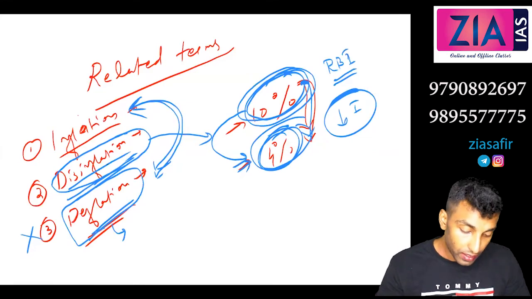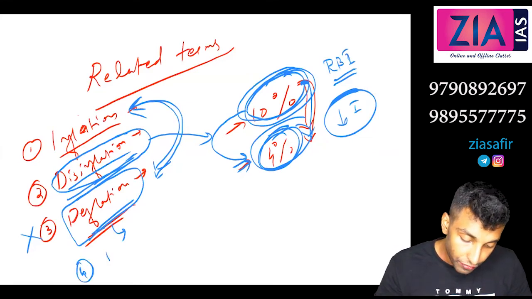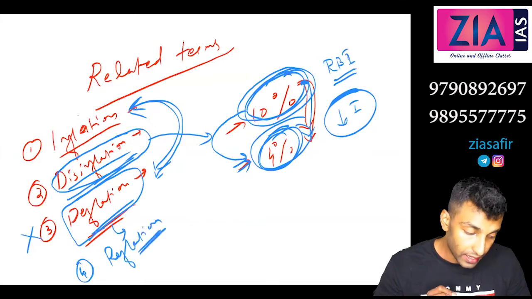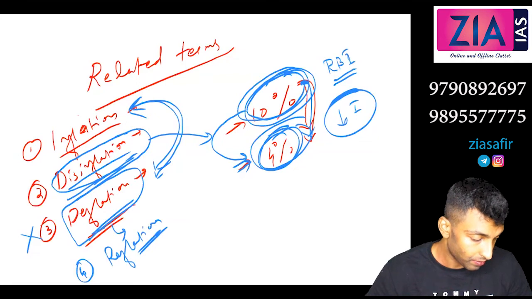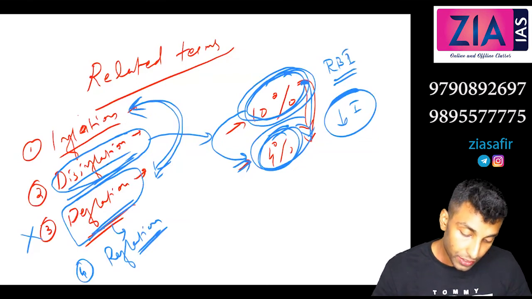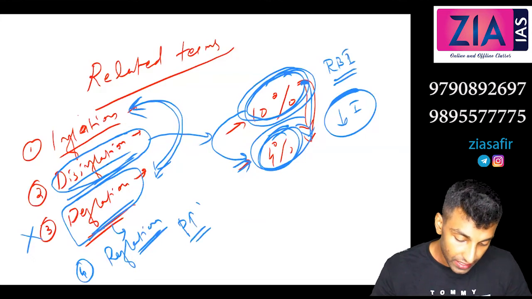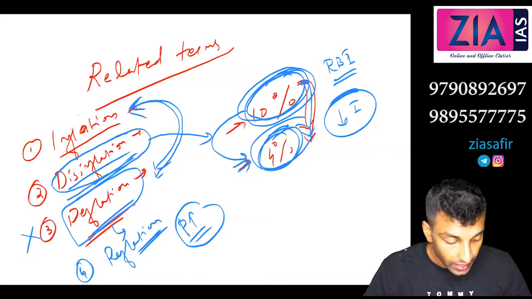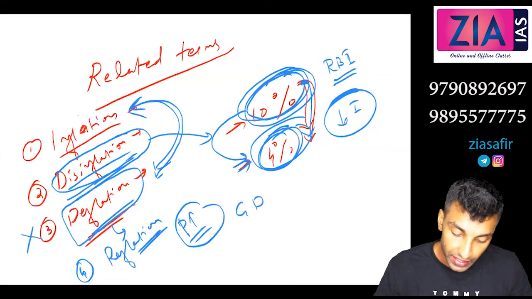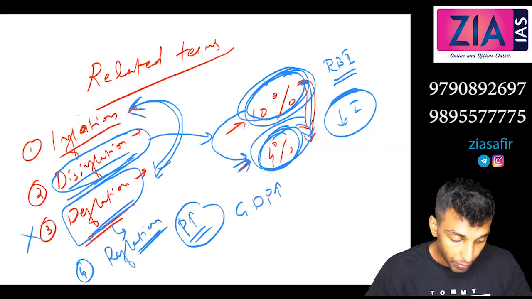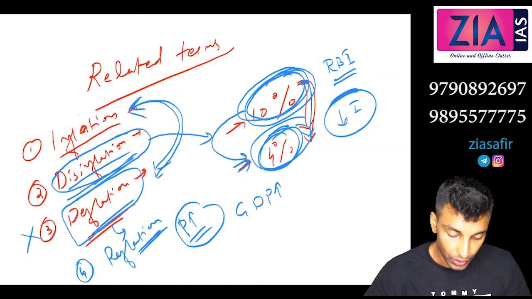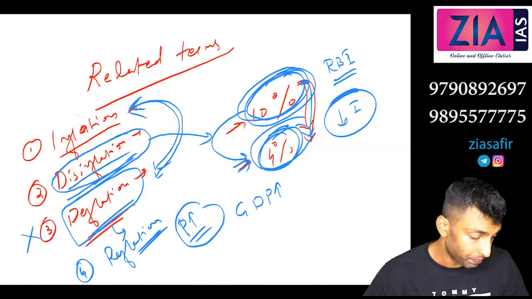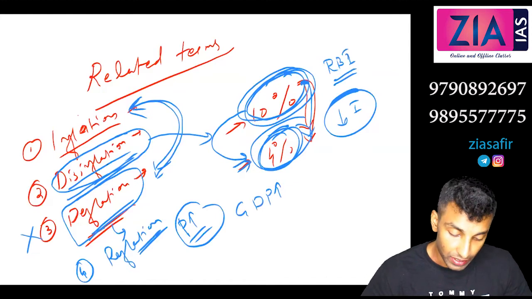Now next point, fourth one, reflation. You can write there, it is a situation in which price level increases. So price is increasing, that means inflation is there, along with increase in output, that means growth is also there, GDP is also increasing, along with output, national income, employment, etc. This is a situation when an economy recovers from recession.